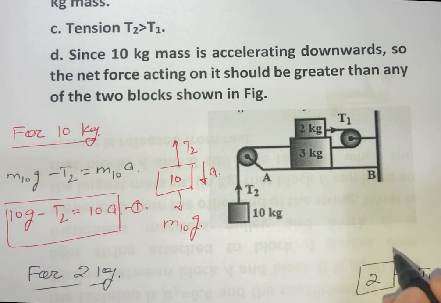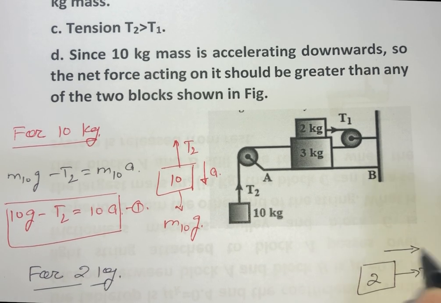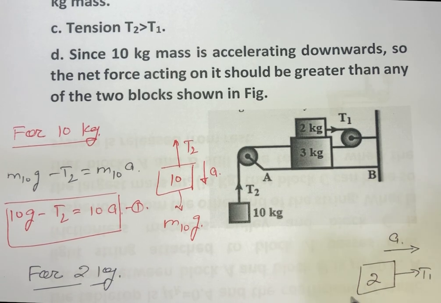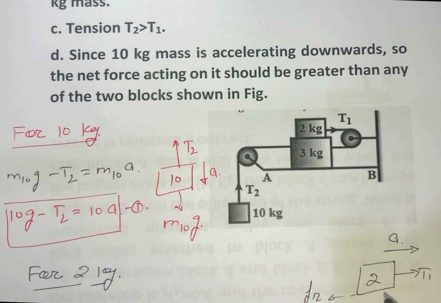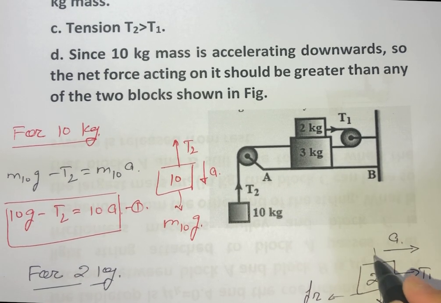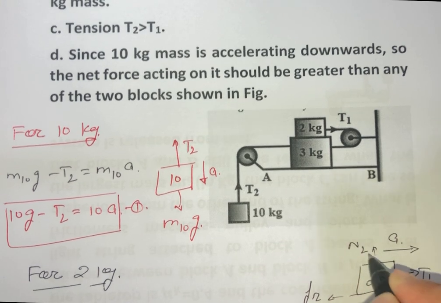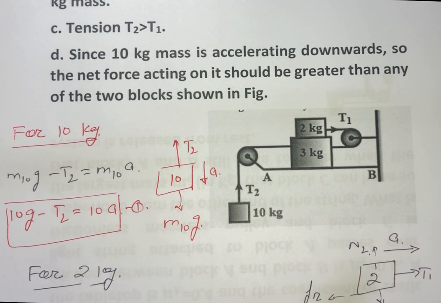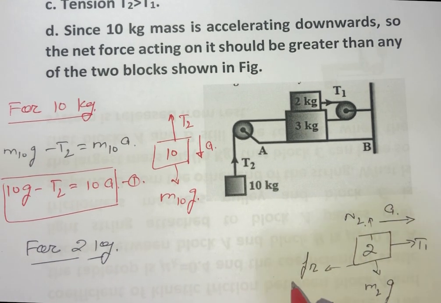It is moving towards the right side with acceleration A, so the frictional force Fr will be acting in the opposite direction. In the downward direction there will be M2G, and in the upward direction let us suppose there is a normal N2.